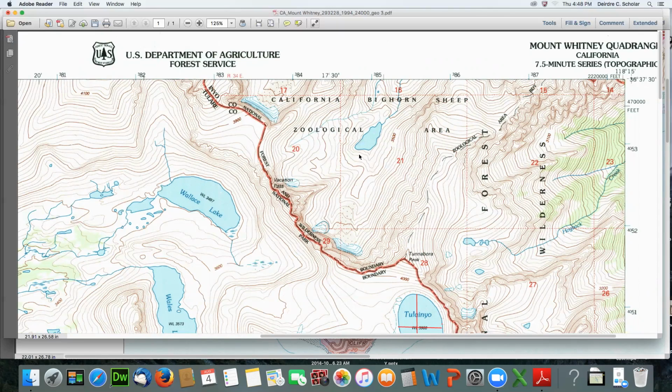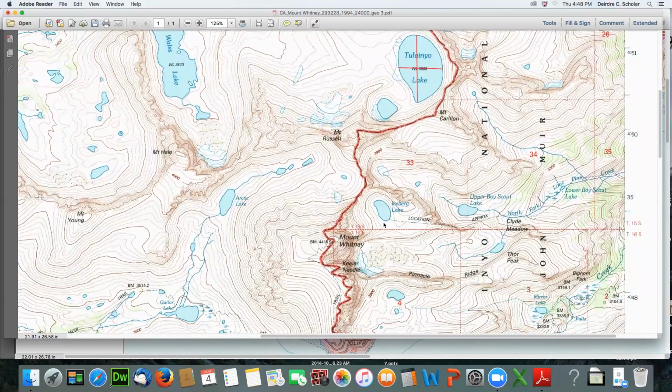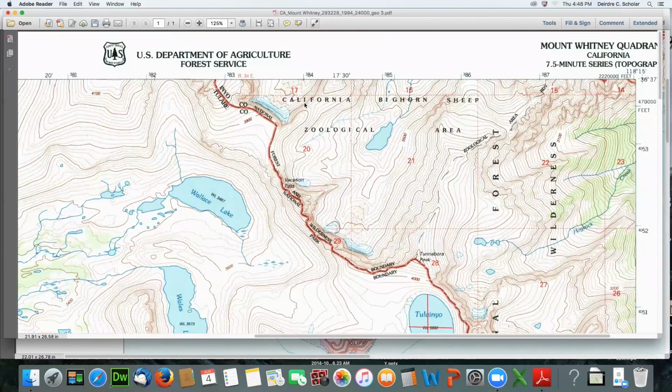Now let's look for Iceberg Lake and Mirror Lake and see if we can figure out their location. So here's Iceberg Lake. Iceberg Lake we see is in section 33. The township happens to be the one above that dark red boundary line, so that's 15 south, but the range number is going to be the same for the whole map.